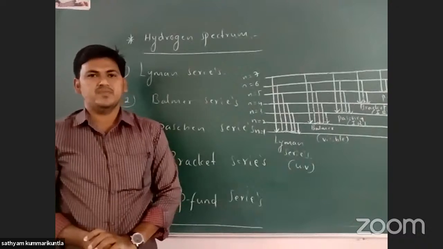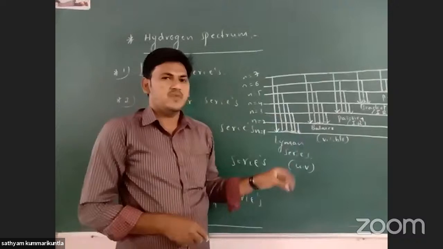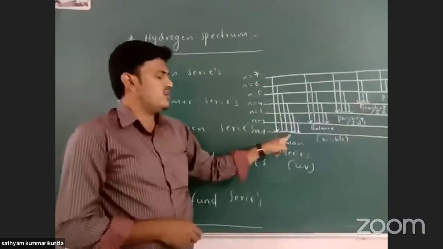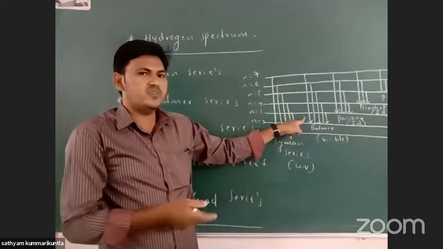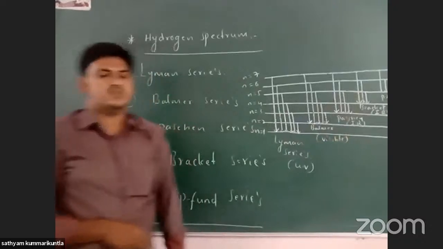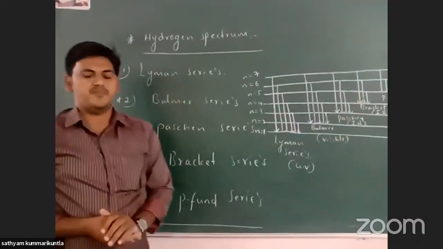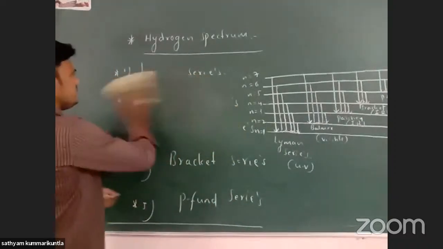Lyman series means the transition of an electron from any higher orbit level to n equals 1 produces spectral lines in the UV region. n equals 2 produces spectral lines in the visible region, Balmer, Paschen, Brackett, Pfund. So this is the hydrogen spectrum. Clear? Right. Next.